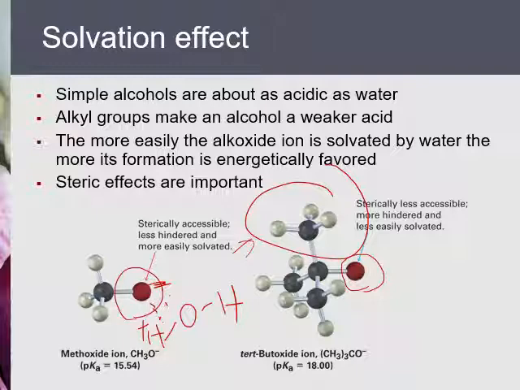On the other hand, if an alcohol has many alkyl groups, this makes the negative charge of the oxygen sterically less accessible, more hindered, and less easily solvated, making it less stable. Therefore, t-butanol has a pKa of 18, which is larger than methanol, which has a pKa of 15.54. That means tertiary butanol is a weaker acid.